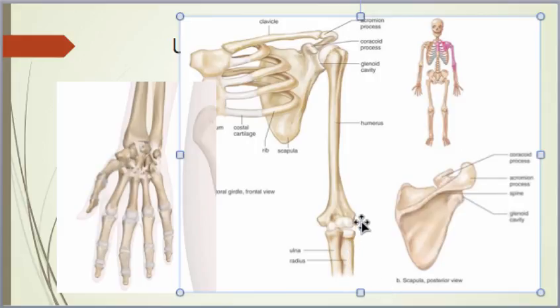Now, you might ask why it's not a modified ball and socket joint, because after all, when you flex and extend the elbow, it goes along with and probably articulates somewhat on the capitellum. That's true, but the primary, again, the true elbow joint is on the ulnar side.